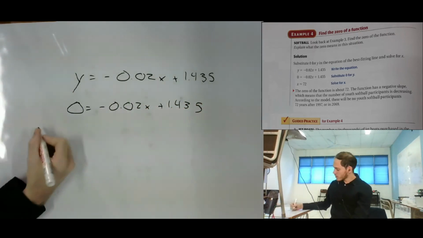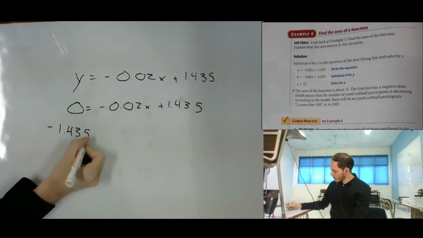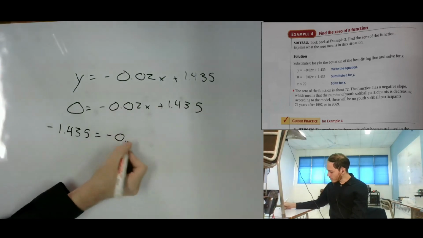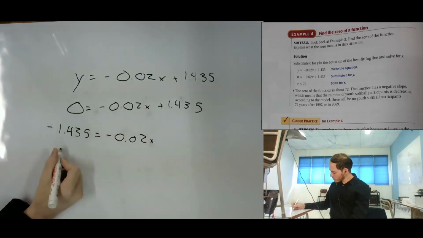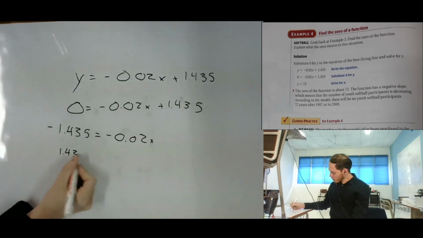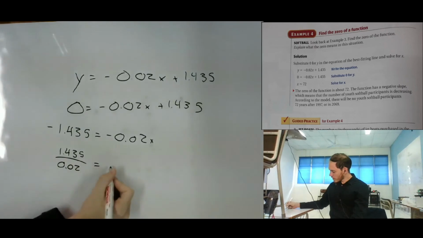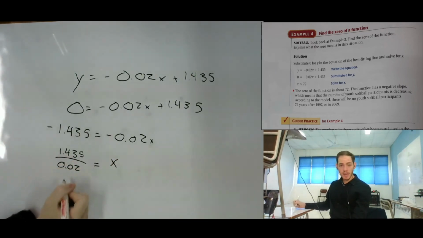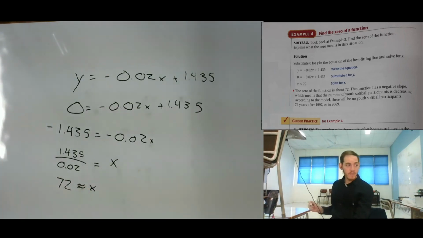Okay, so we move it over, we get negative 1.435 equals negative 0.02x, and then we get 1.435 divided by 0.02 equals x. Okay, solving this out, this roughly equals 72 equals x. This is approximate, that's why there's a wavy line.